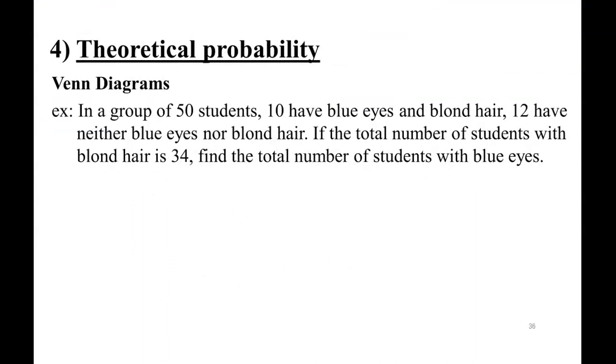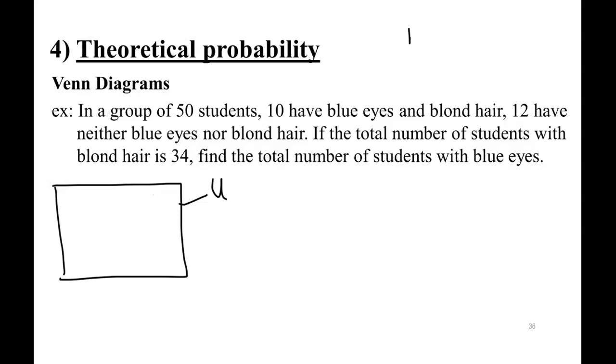Now over here in this next example is an example that shows us how to use Venn diagrams in order to find probabilities. Now over here, if we read through this example, we have a group of 50 students. So basically we have our sample space here, which we're calling U, containing 50 students. So N of U is equal to 50. So we have 10 students that have blue eyes and blonde hair, while 12 have neither.